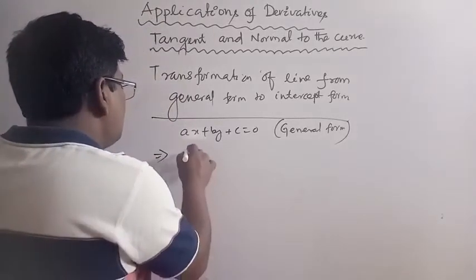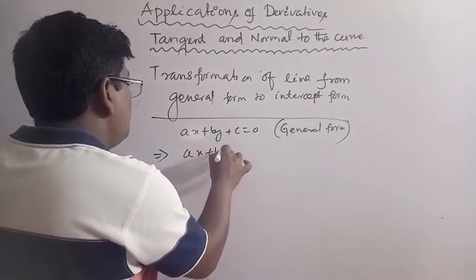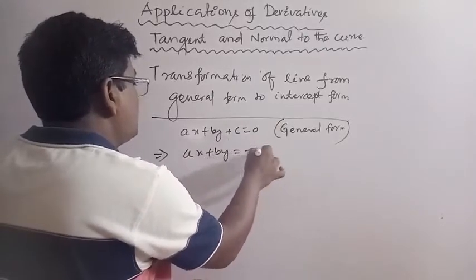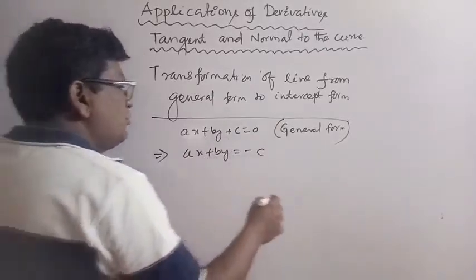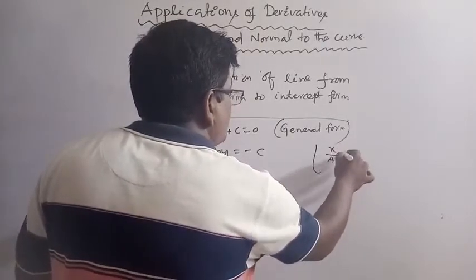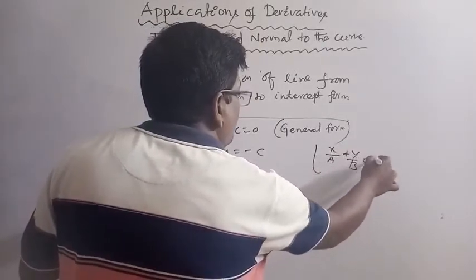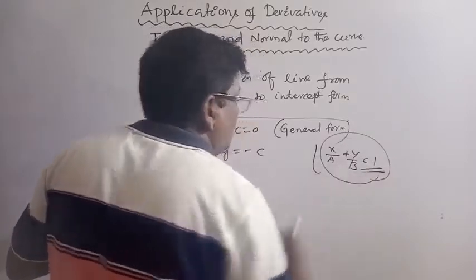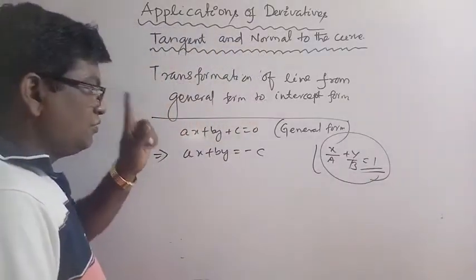First, take the constant term to the right side. Then it should be x by some constant plus y by another constant equal to 1, so the right-hand side should be 1.